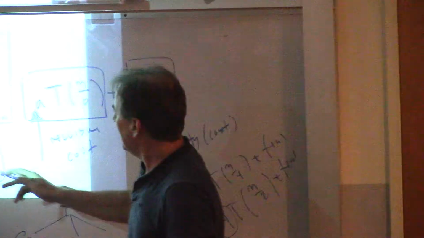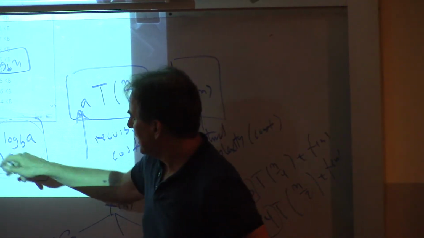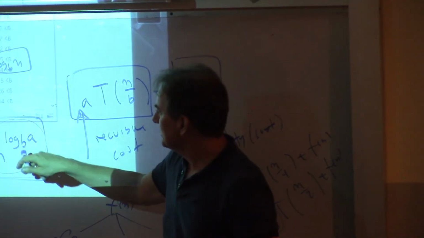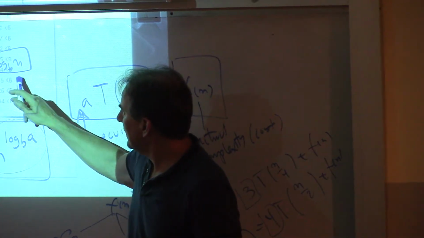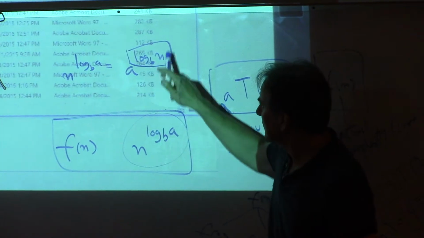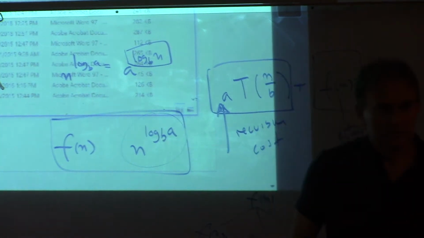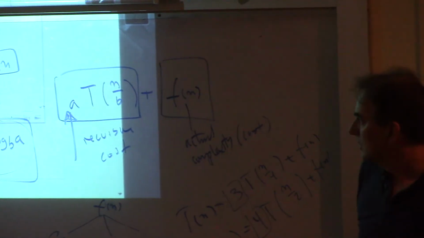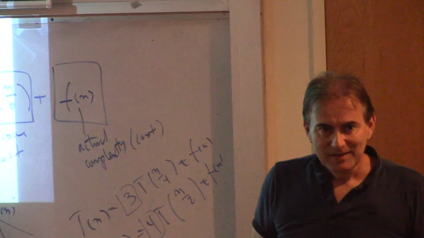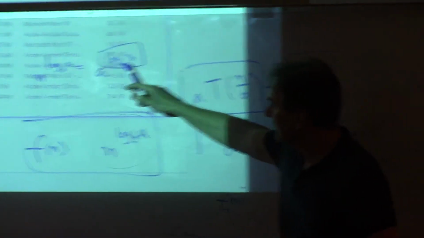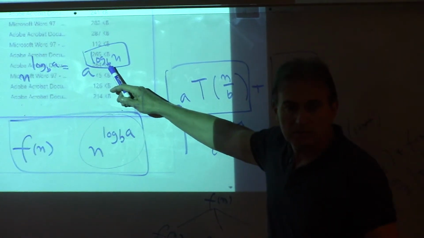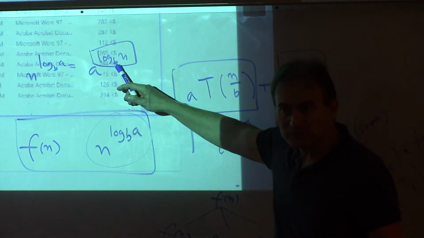Well, interestingly enough, n to the log b of a, which is kind of a polynomial type expression, is equivalent by logs to a to the log b of n. But log b of n is what? What does this represent? What is log b of n? That represents the number of times you can take n and divide it into b equal parts.